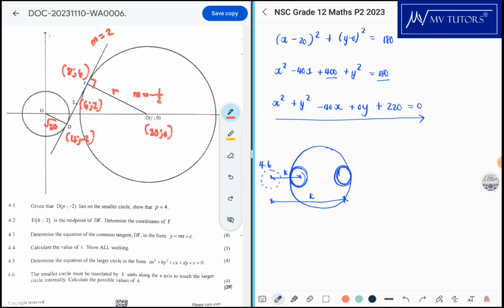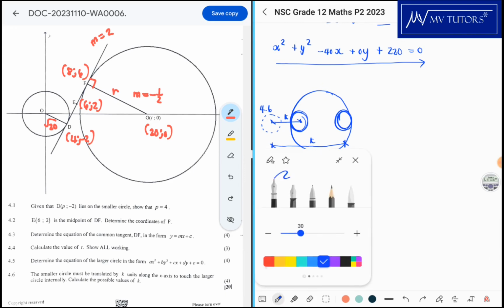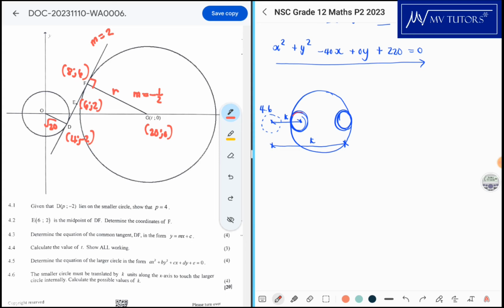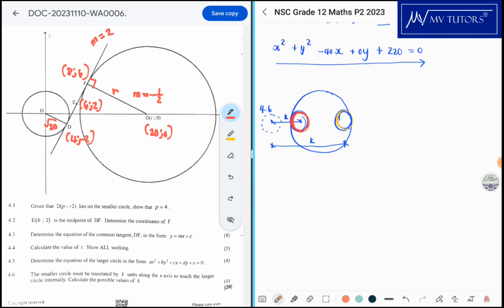Now, let's see, what are these possible values of k? Let's first start with this scenario, if it's nearby, and then we'll go to that scenario where it's a bit further.